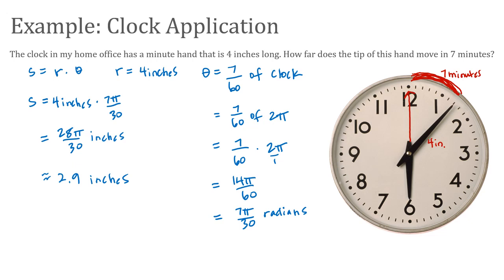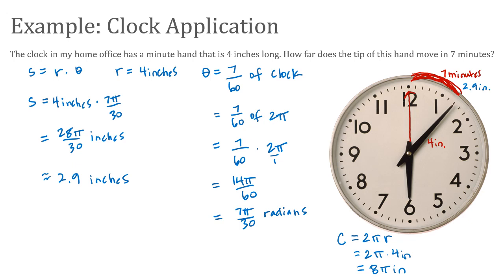Now, one thing you might be thinking is, is there another way to do this? If this space up here represents 2.9 inches, I might be curious to know what the space all the way around the circle is. Well, remember that represents circumference. Circumference is 2 pi r. That's the formula. So if I substitute in that radius of 4 inches, the whole clock is 8 pi inches.